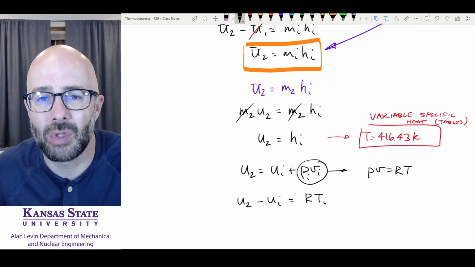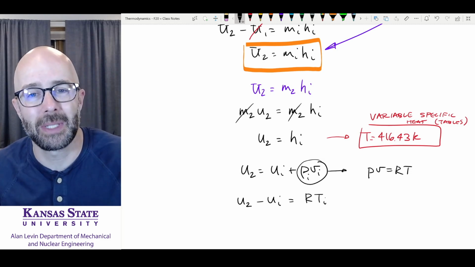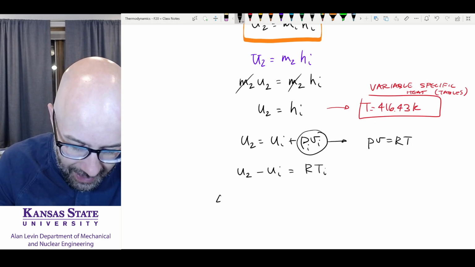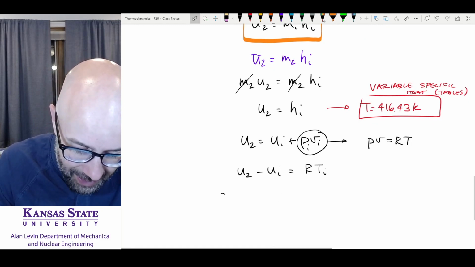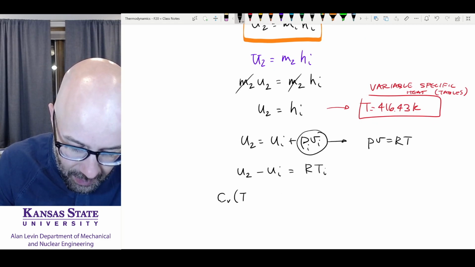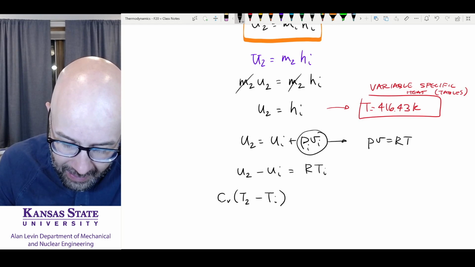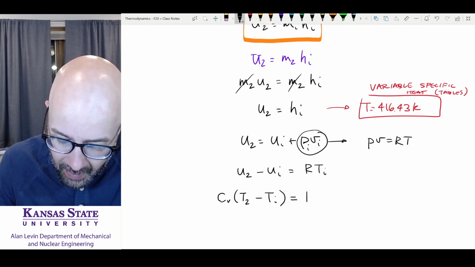And now with my U2 minus U1, I can use a constant specific heat method. So I can replace this with C sub V times T2 minus Tn is equal to R times Tn.